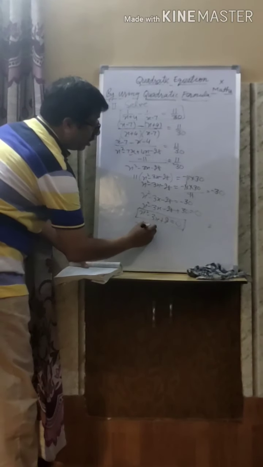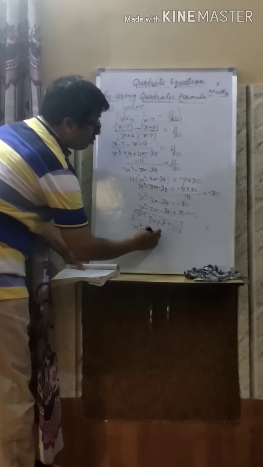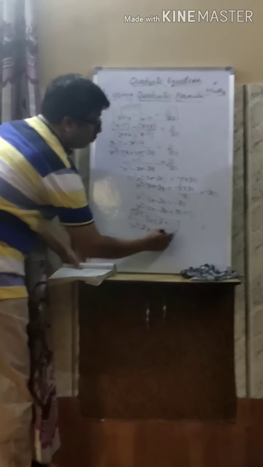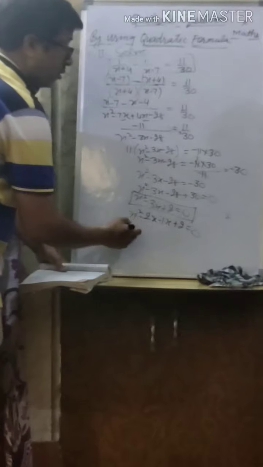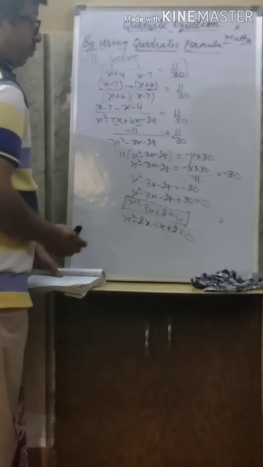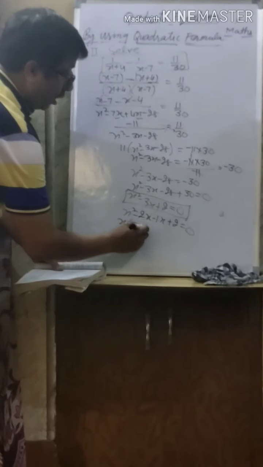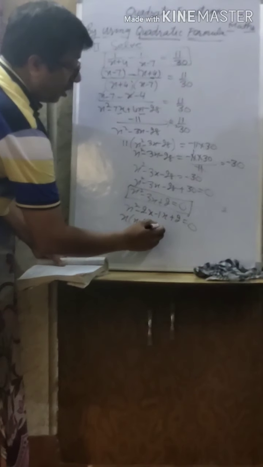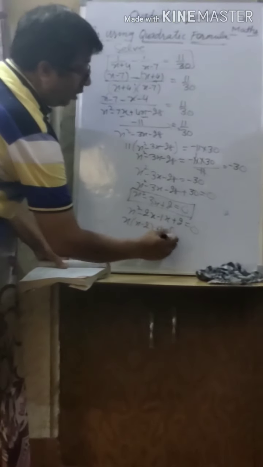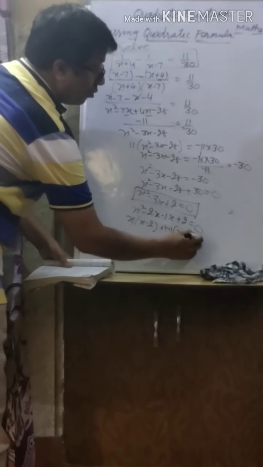So x square minus 2x minus 1x plus 2 equal to 0. So minus 2 minus 1 is minus 3, and the product is plus 2. So x common, x minus 2 here, minus 1 common, it is x minus 2.